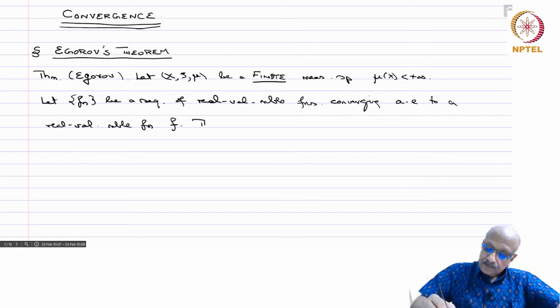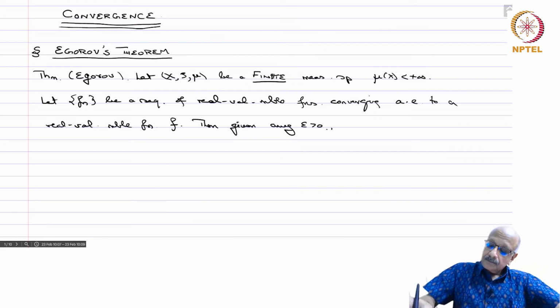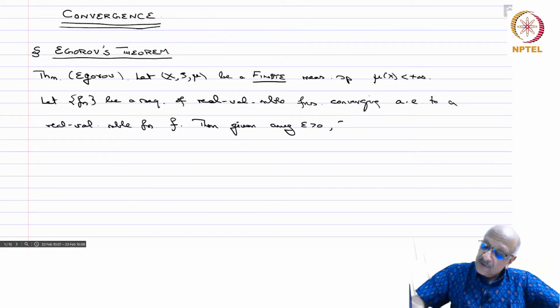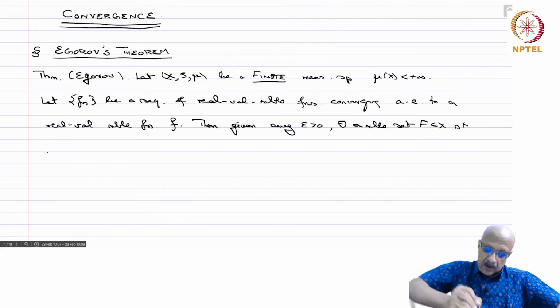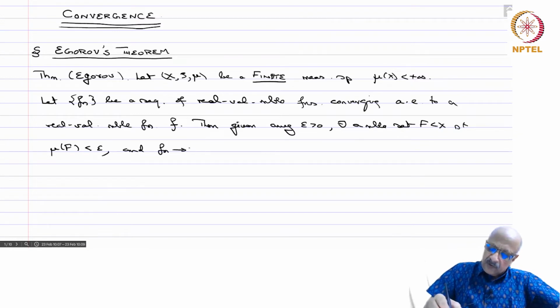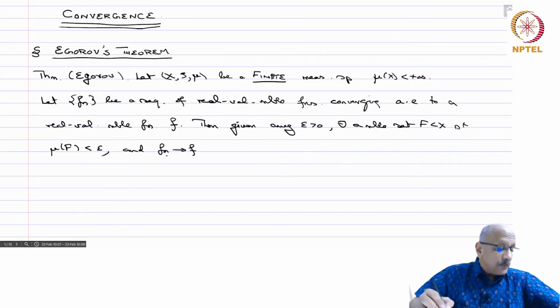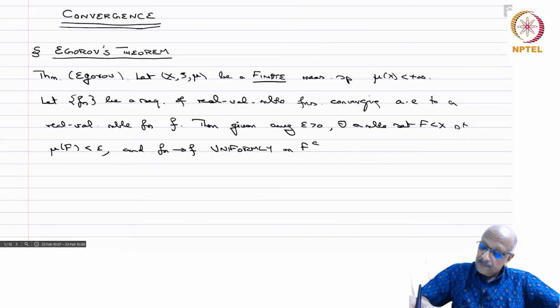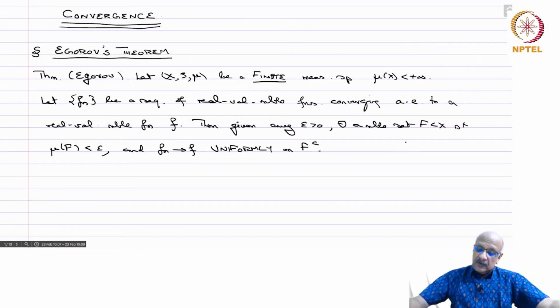Then given any epsilon positive, there exists a measurable set F contained in X such that mu of F is less than epsilon and f_n converges to f uniformly on F complement.